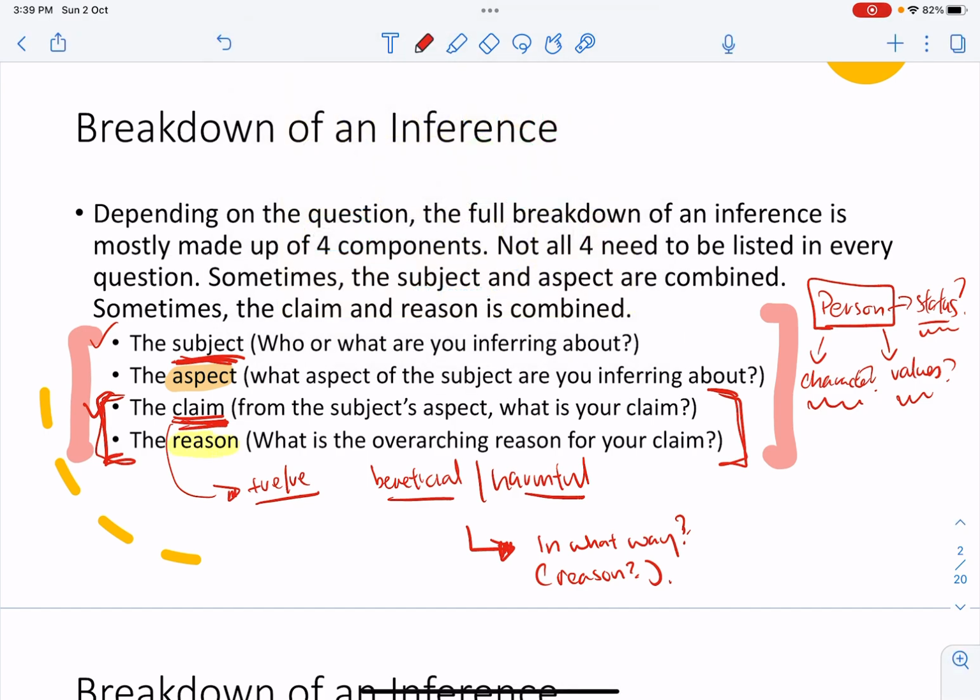But by and large, for most basic inferences, you will not write down beneficial or harmful. Instead, you write down specifically what the inference is. For example, if I tell you about the person, and you tell me about the aspect of this person, this person's character, and then immediately you say this person's character is someone who is very generous.